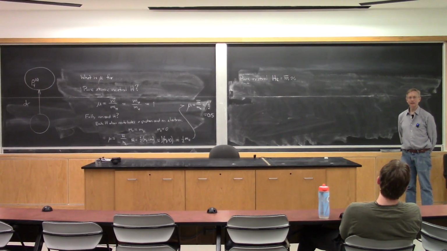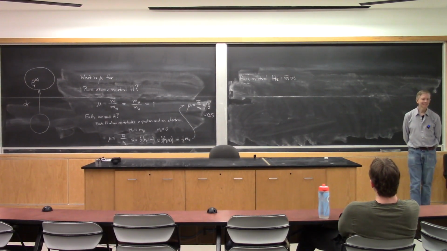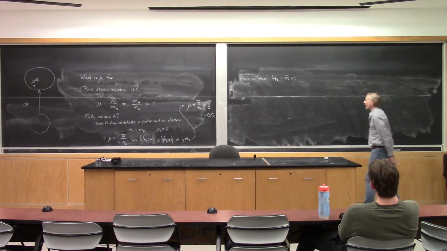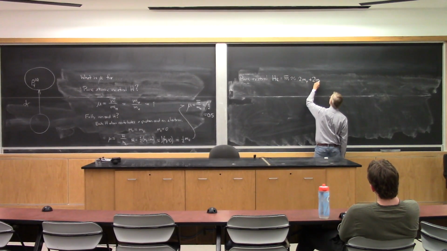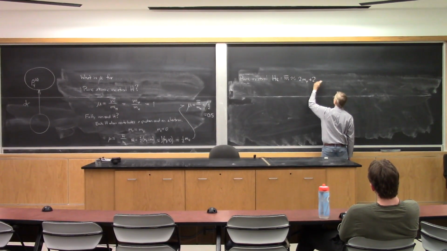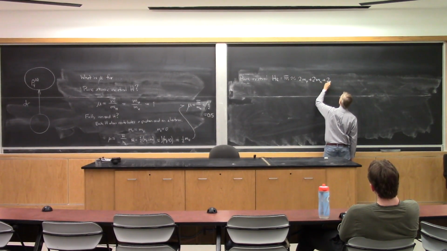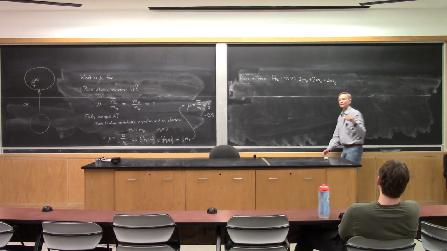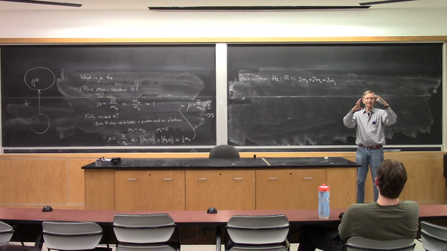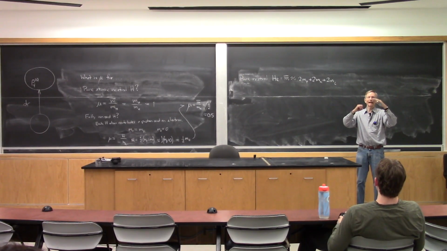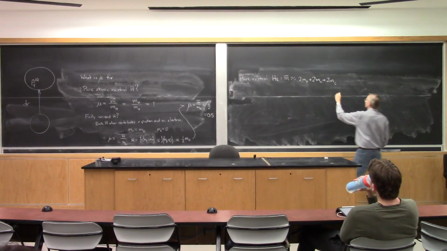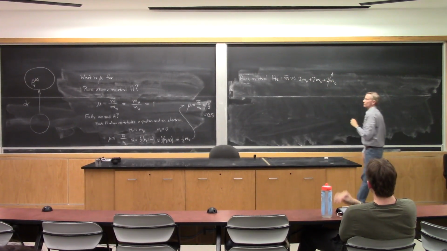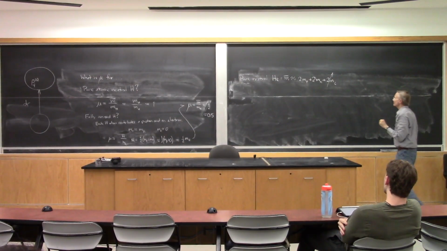So it's approximately 2mp plus 2me plus 2mn. I say approximately because if it's an atom, there's binding energy, so it's a little bit less than the mass of the particles separated from one another. We aren't counting electrons when you have protons and neutrons around.